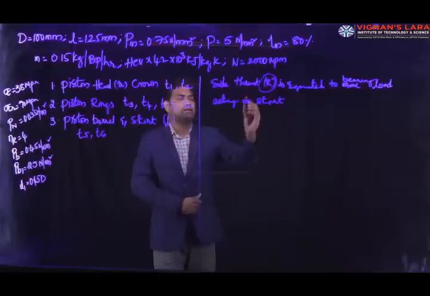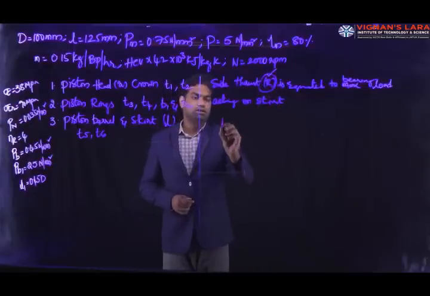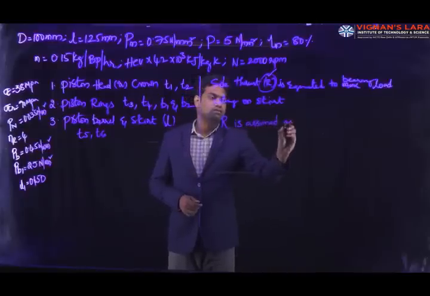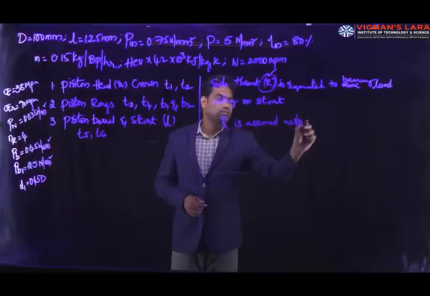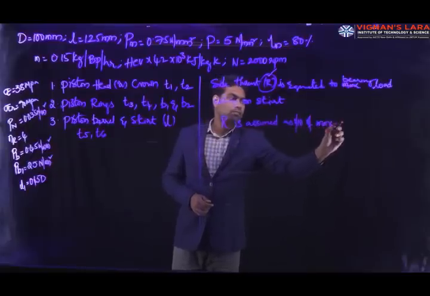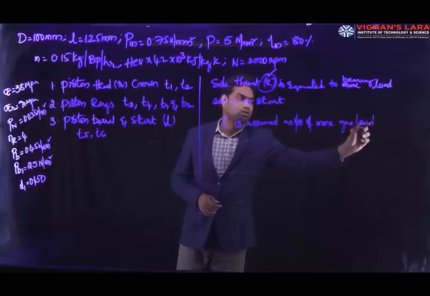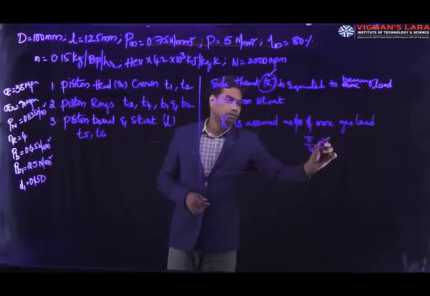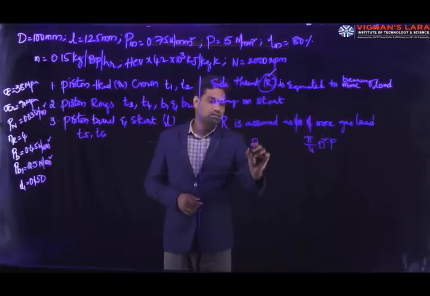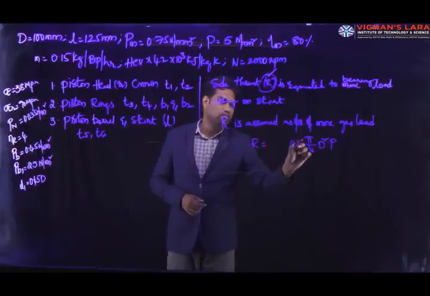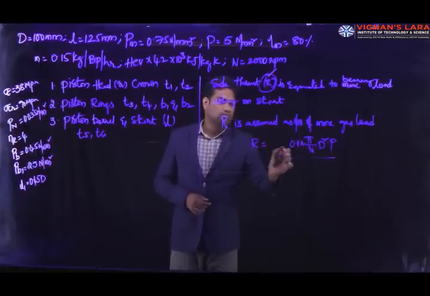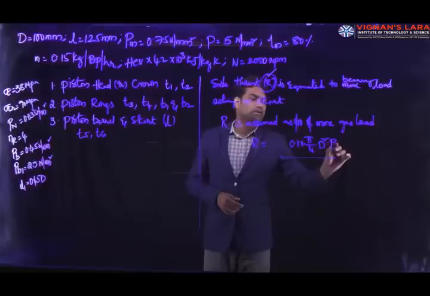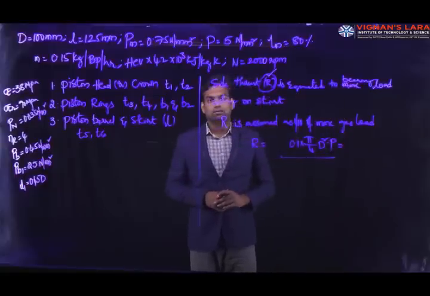The total side thrust is assumed to be only 1/10 of the maximum gas load W. We know that the maximum gas load is given by pi by 4 D square into P. So the side thrust is taken as 0.1 times the maximum gas load, pi by 4 D square into maximum gas pressure. Clear? This should be equated to the bearing load acting on the piston skirt.